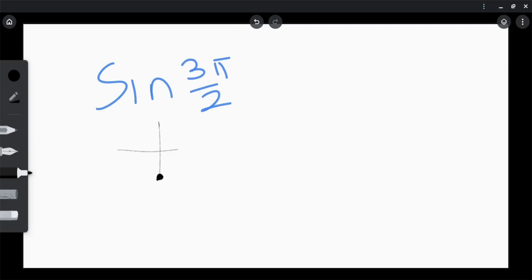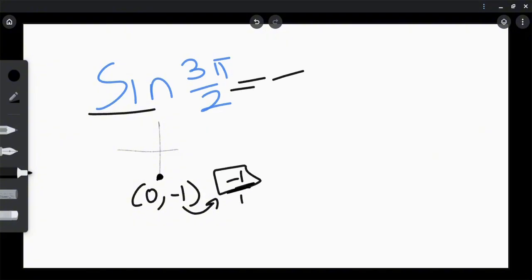And here is 3 pi over 2. And here's the 0 and the negative 1. You're looking for y. And you say, wow, but how do I use the radius if I don't have radius? You have the radius. The radius is 1. So this is just negative 1 over 1, which is just negative 1. So this equals negative 1.